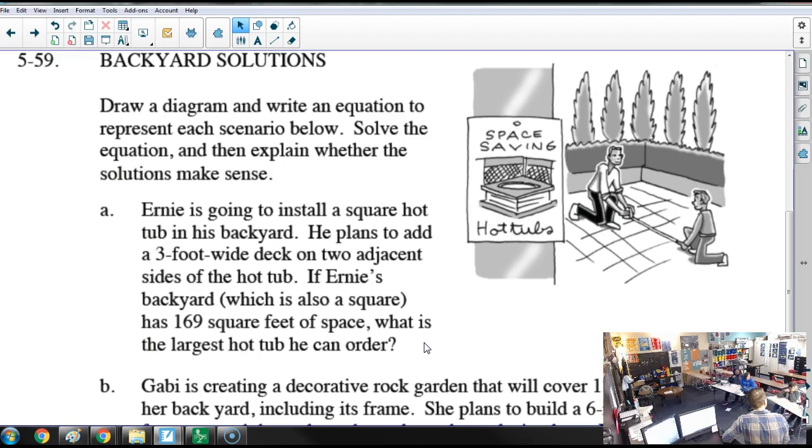Except we live in the real world, and there are constraints, such as how big is your space. You can't buy a hot tub bigger than your space. Go ahead and read through this, just part A. I want you to draw a square on your paper, big enough that we can make a sketch of what's going on here.